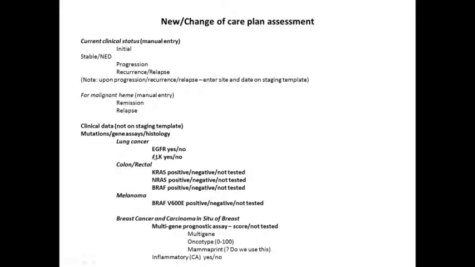In lung cancer, it's EGFR and ALK. In colorectal, it's KRAS, NRAS, and BRAF. Melanoma, it's BRAF. Breast cancer, we need to know if they have the multigene or the Oncotype prognostic assay, what the score was, and if it was inflammatory.